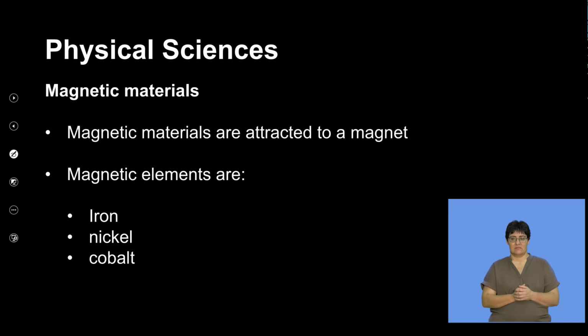This leads us to say that magnetic materials are those that can be acted upon by a magnetic force in a magnetic field. We'll talk to that in more detail. So these ferromagnetic elements are iron, nickel, and cobalt. Sometimes we call them the ferromagnetic elements, right?